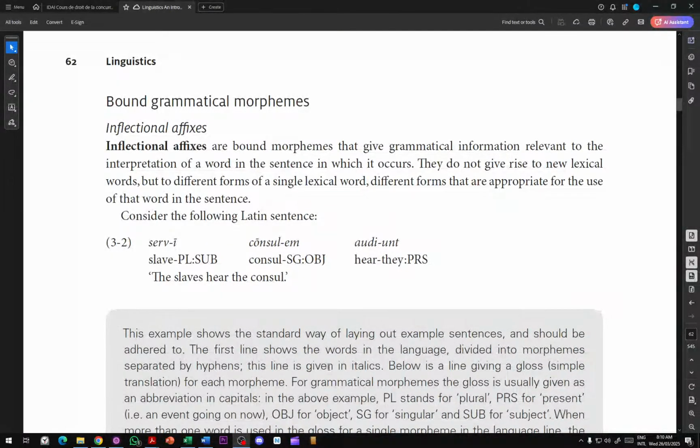What is the PL SUB, SG OBJ? Plural subject. The second one is SG, singular object.